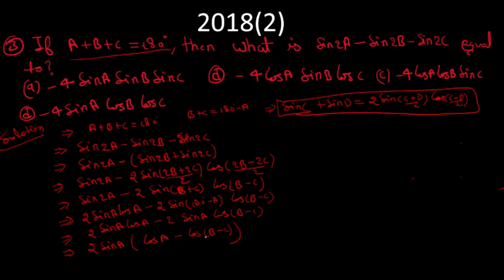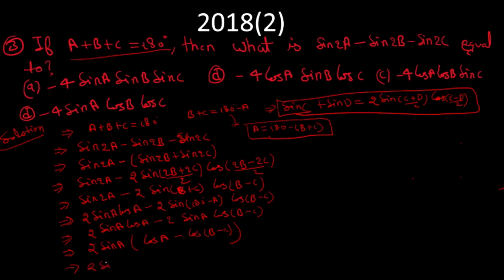For solving this, I will find the value of a from here. So we get a equal to 180 degrees minus (b plus c). I put the value of a here.